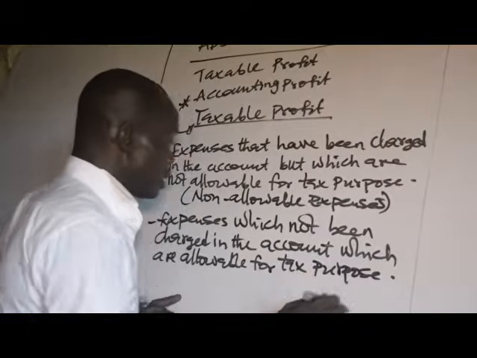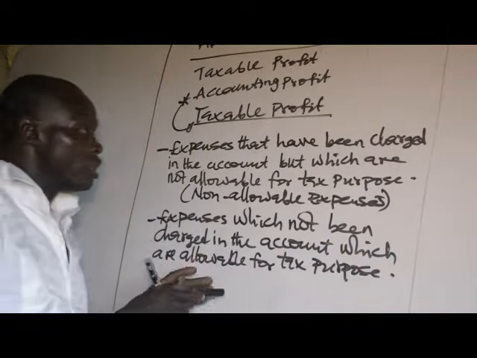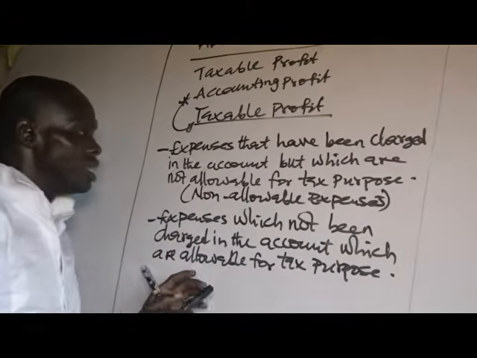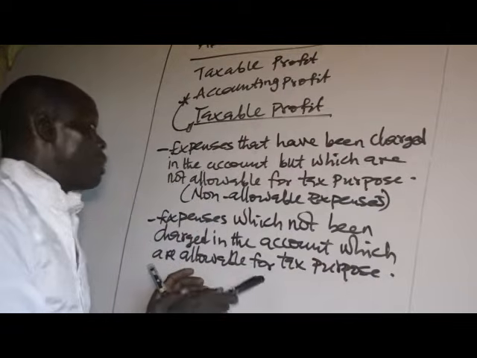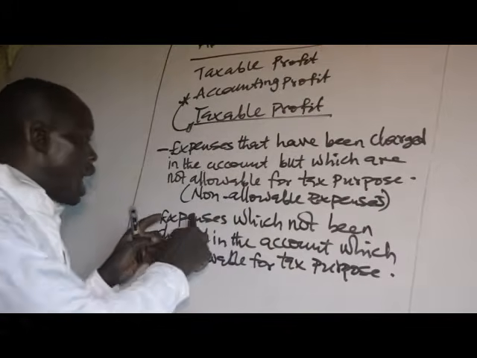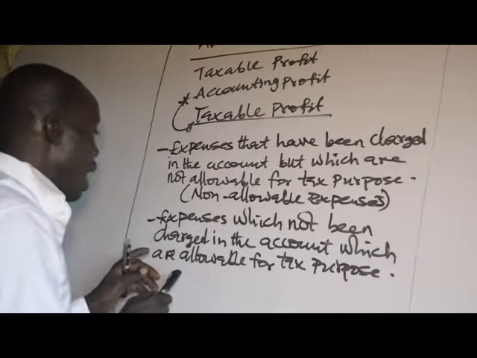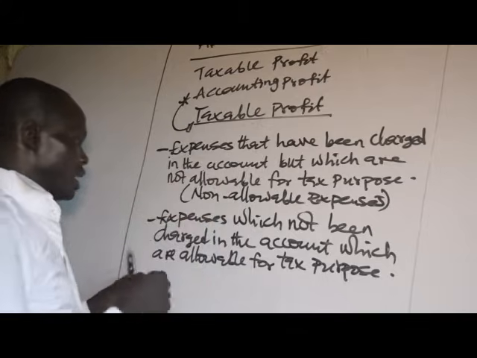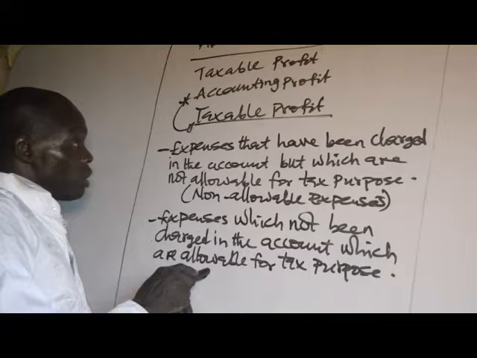These expenses are acceptable as deduction for tax purpose, but they have not been charged in the income statement, in the financial accounting. But the tax law accepts these expenses to be deducted. So we call them allowable expenses not reported in the account.